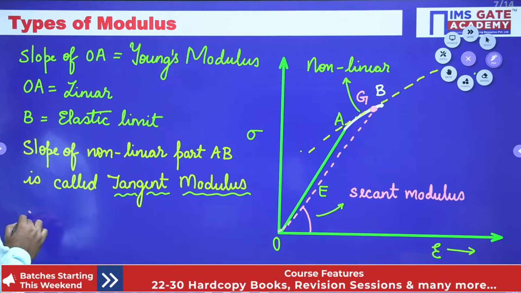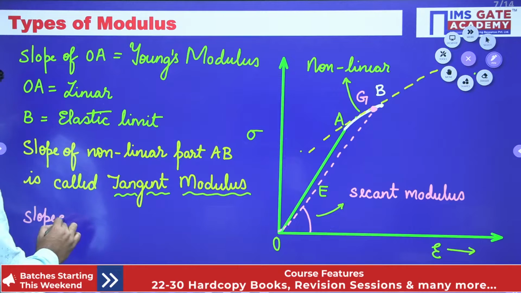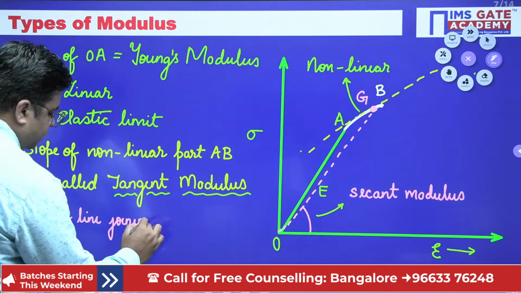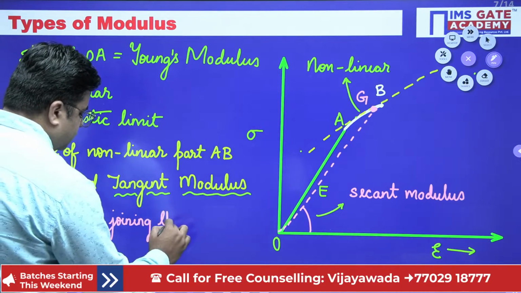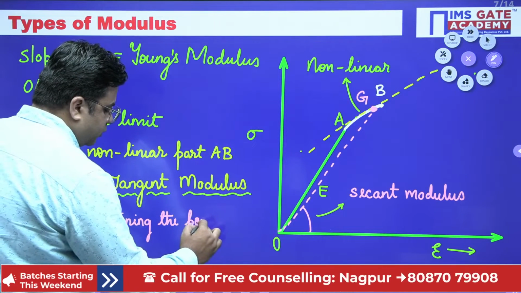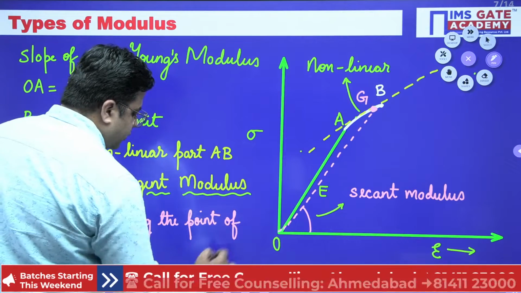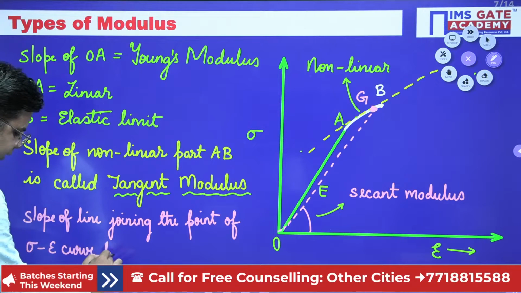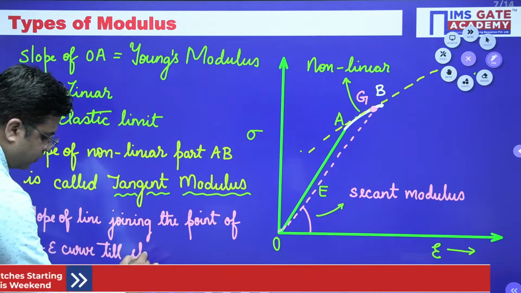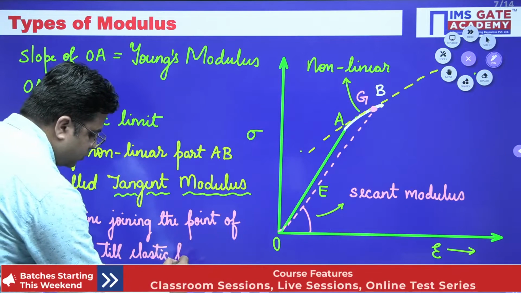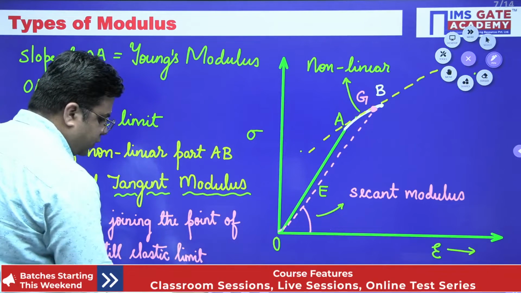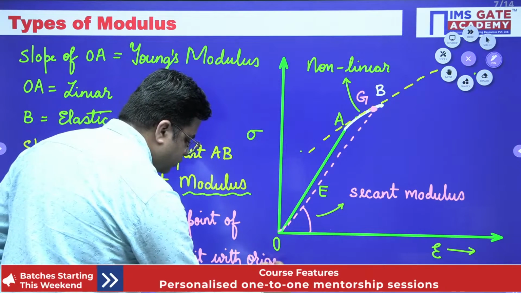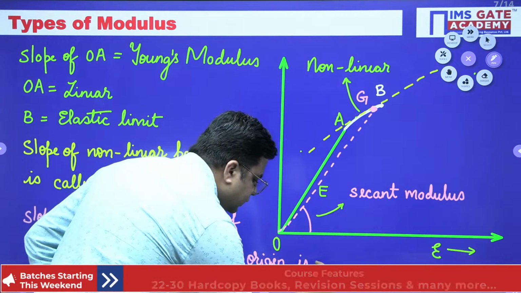So slope of line joining the point on stress strain curve till elastic limit with origin is called secant modulus.